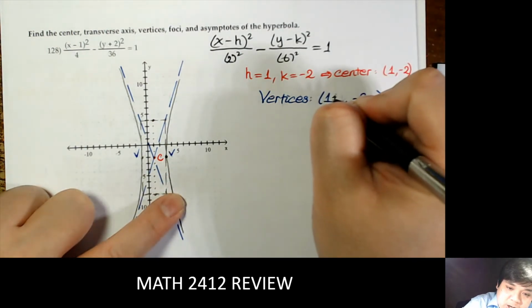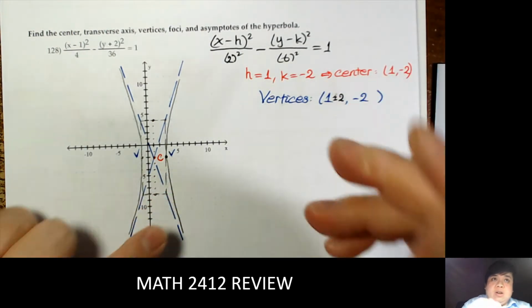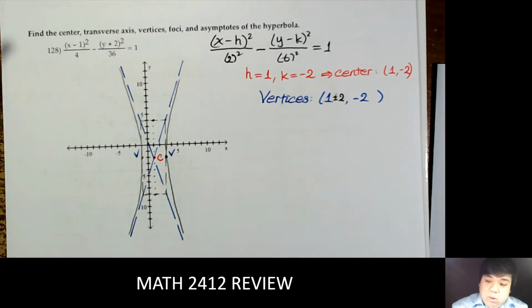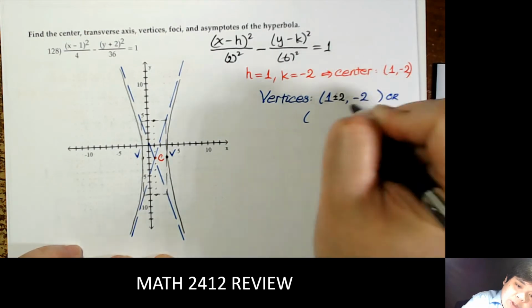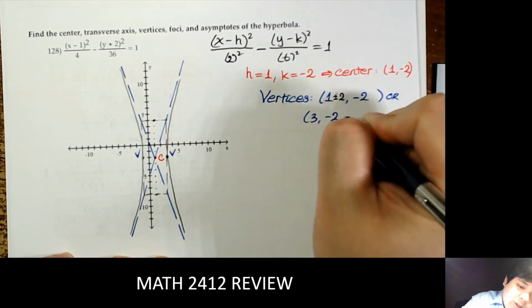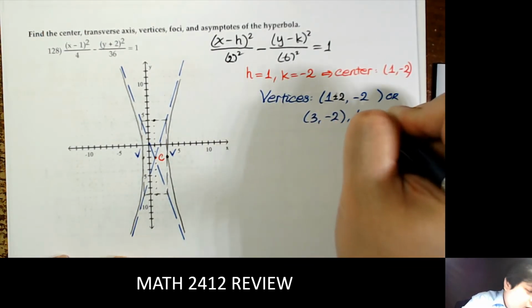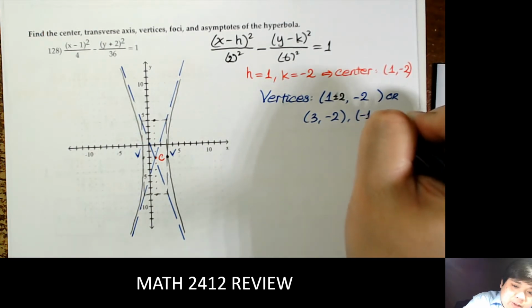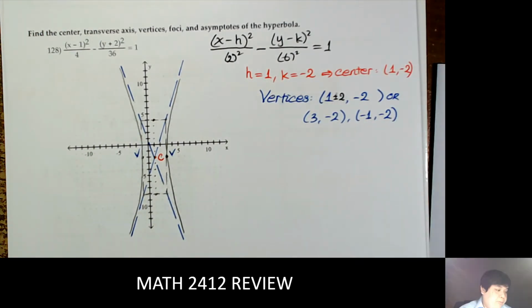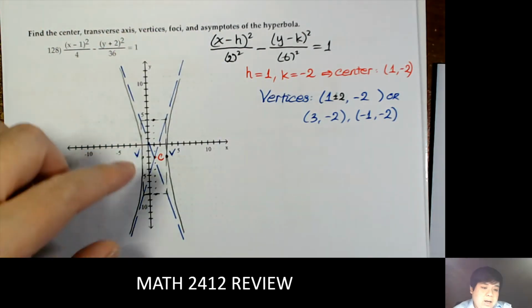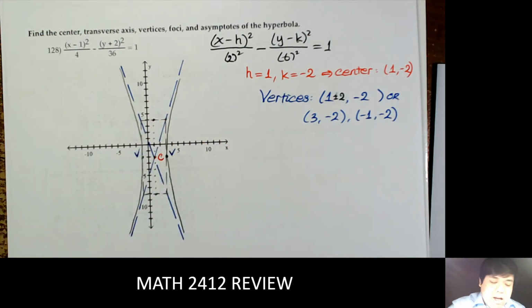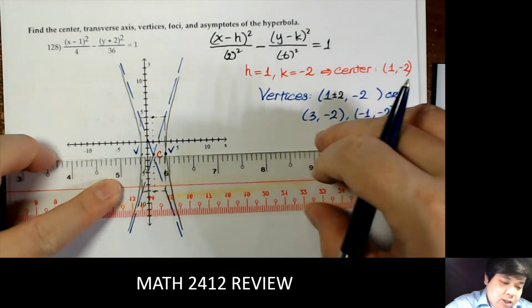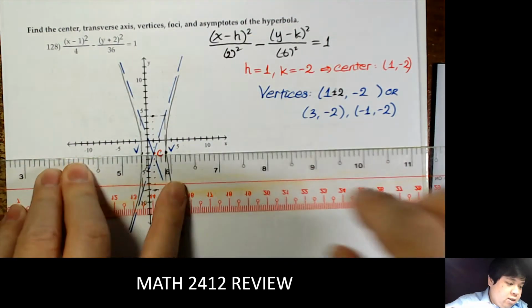So we're going to plus or minus 2 to the x values because it's going left and right. So do that, we will have the vertices 3 and -2, or -1 and -2. So those are the 2 vertices. The transverse axis is where all of the vertices and the center align. So this is the transverse axis.